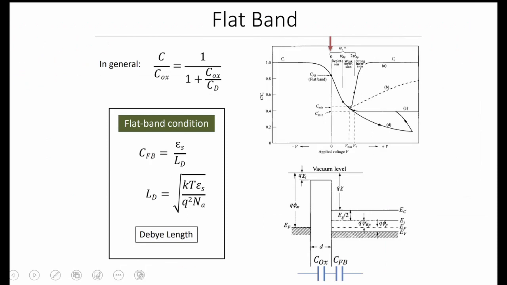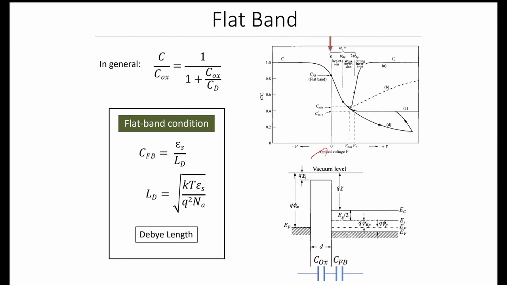And one more thing is the flat band condition. As we have assumed that the work function of the metal and the semiconductor is equal, we know that the flat band condition is at zero voltage.